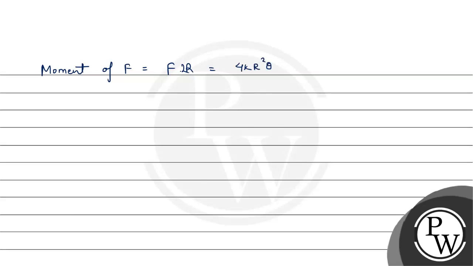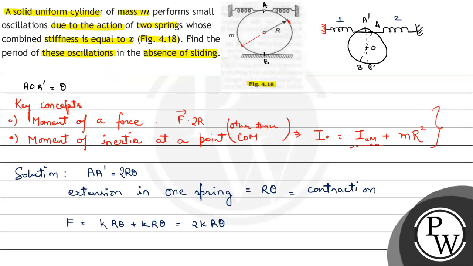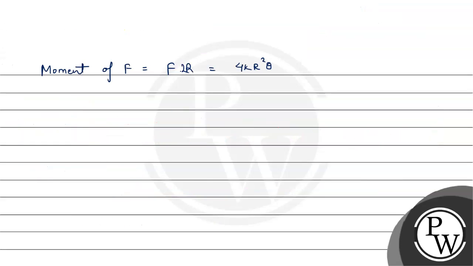This will be the moment of force which will rotate it in the counterclockwise direction, because let's suppose one is being contracted and the other is being extended, so it will act in this direction, counterclockwise. So this will be the moment of F.